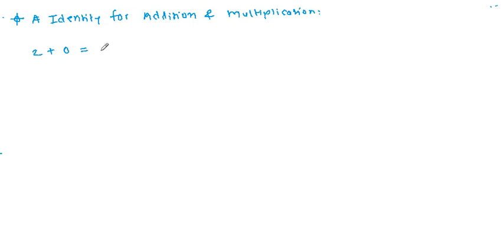So the result is 2. So the answer is same as that of number 2. Let's take another example. 5 plus 0 is again 5. So here 0 is called the additive identity for whole numbers. That means addition of 0 to the whole numbers does not change the value of that number. So we will say 0 is called additive identity for whole numbers.